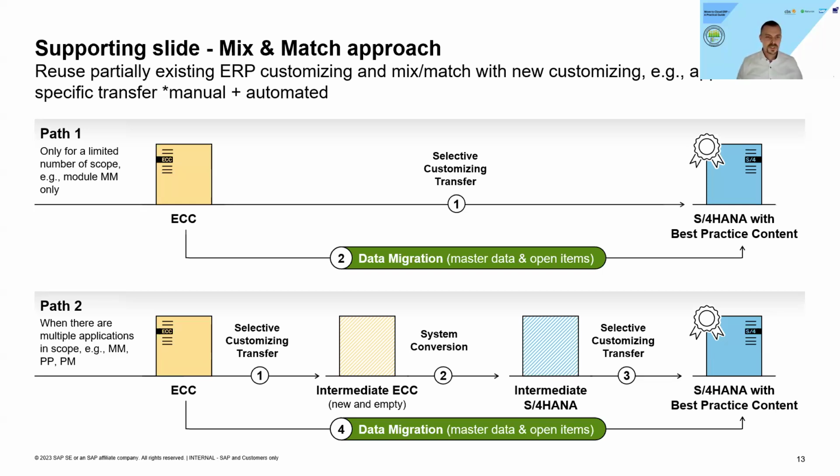This is what most of our customers are choosing, and it is also the recommended path. Start with your basis, but of course align processes back to standard where it makes sense.